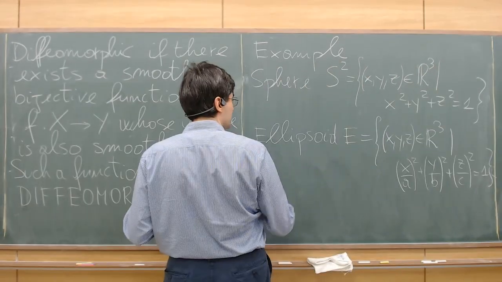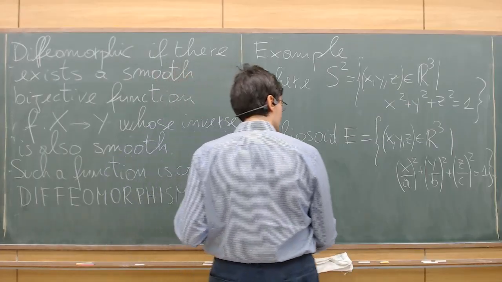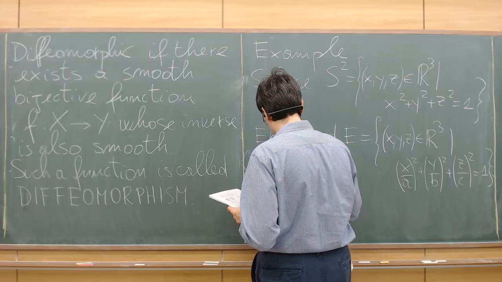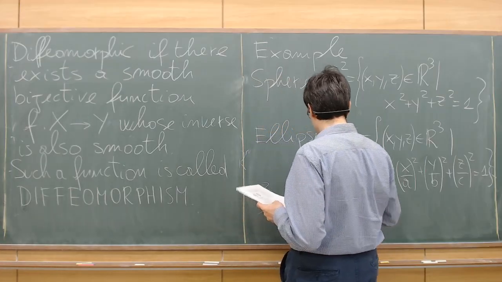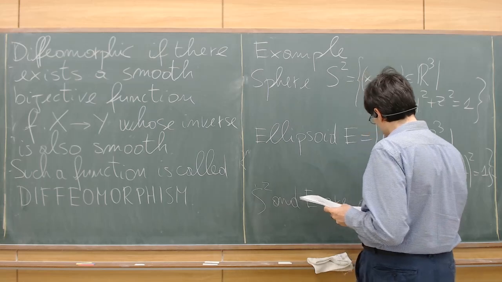These two sets of R3 are diffeomorphic. So S2 and E are diffeomorphic.